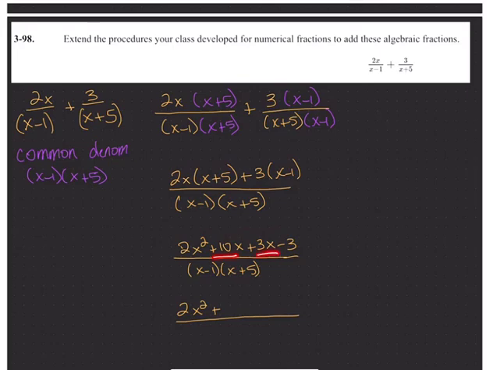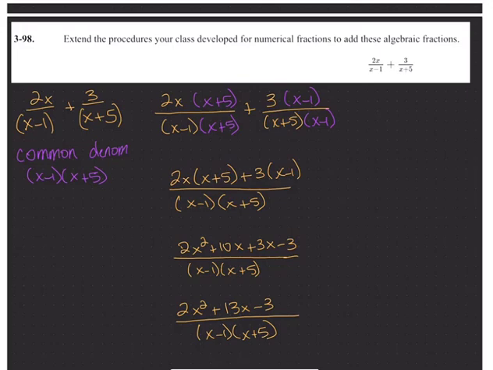So I have 10x plus 3x, which is 13x. And then my constant term is that negative 3. And then I'm going to leave my denominator the way that it is, just to get us started in this whole process.